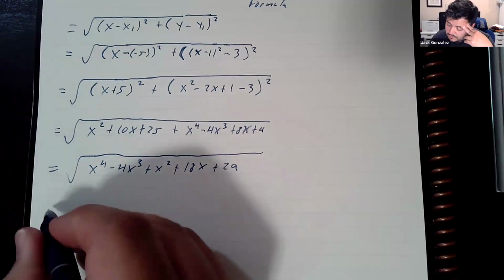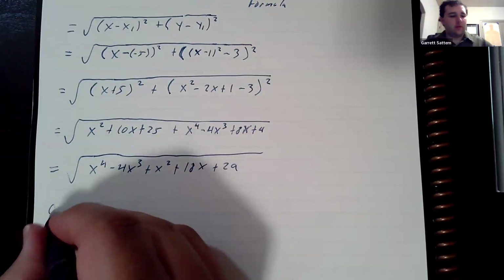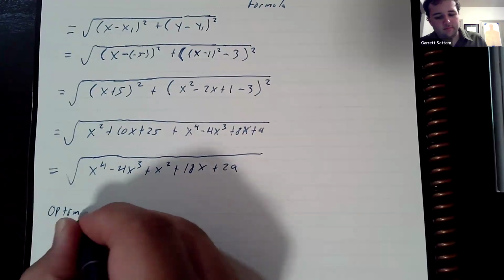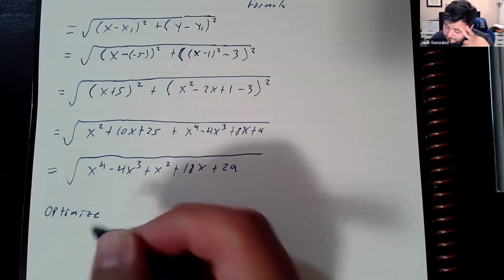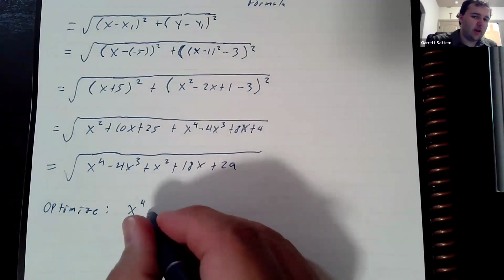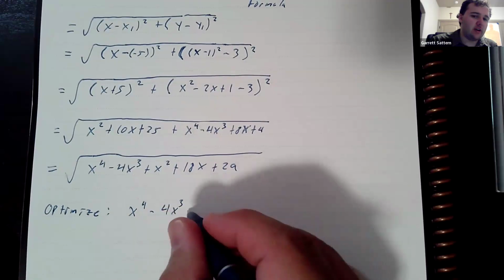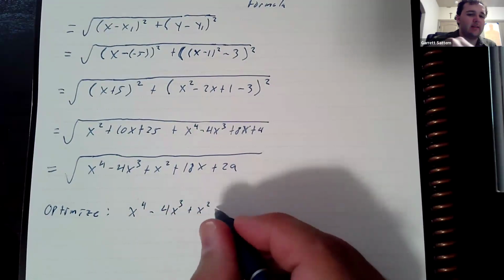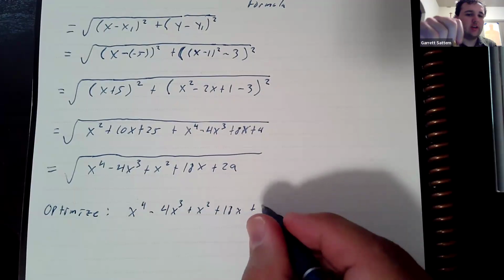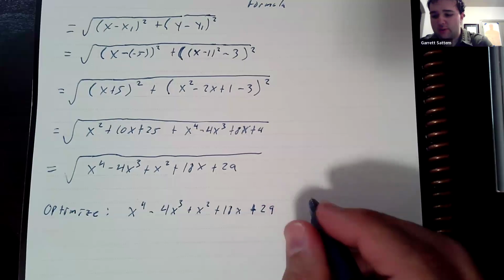When I was first doing this problem in the homework, the way that the Cengage explained to optimize this is to find the first derivative of this equation here.